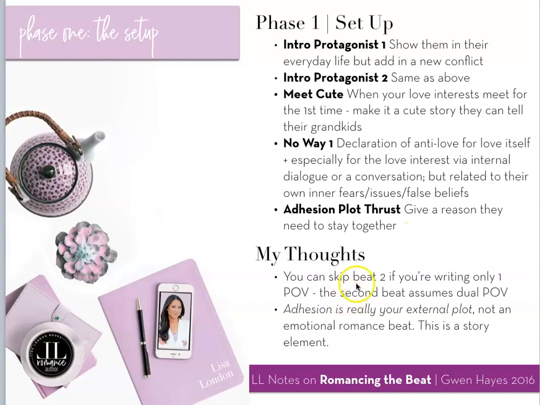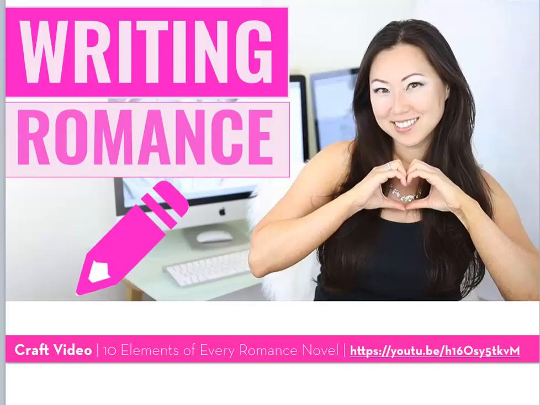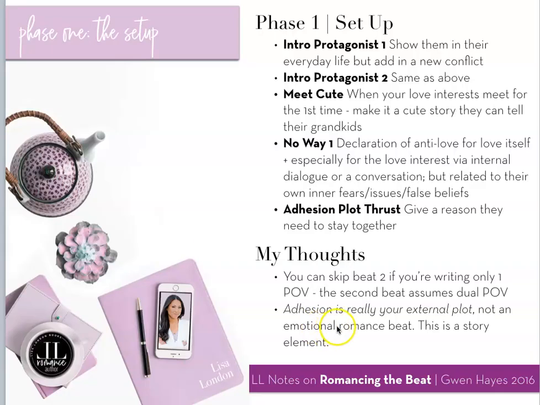I talk about this all the time over here in this video, writing romance, which is the 10 elements that you need in every romance novel. So again, I think about things in elements. I never ever think about things in emotional beats, but you can check that video out. I think it's actually very useful for your plot to help plot out your romance. But back to this.